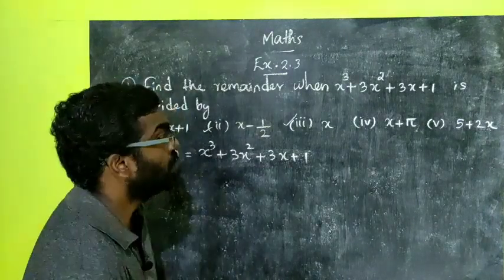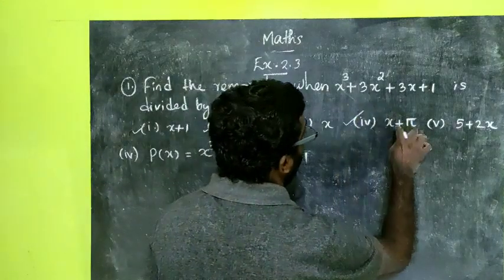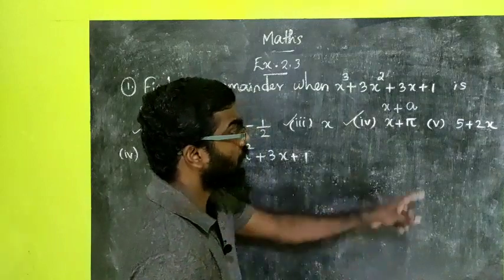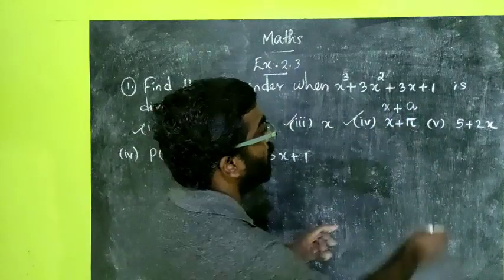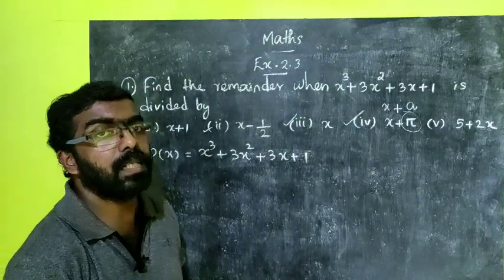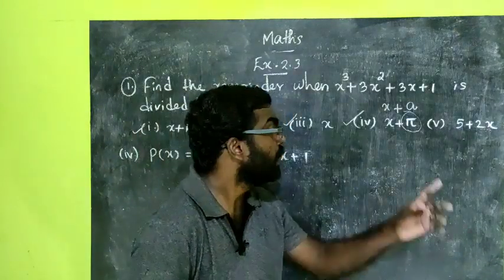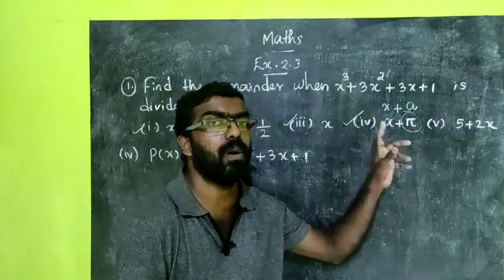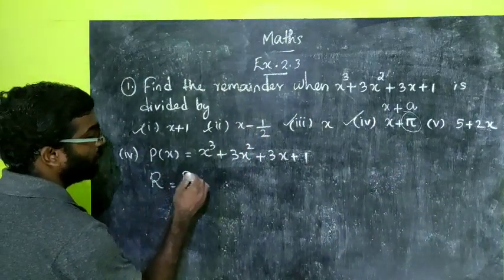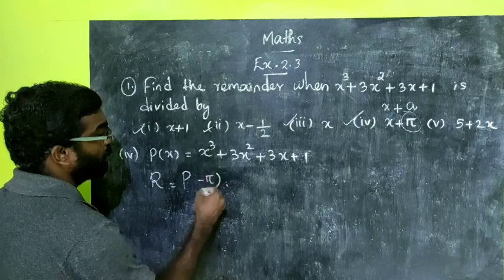Next we shall discuss the fourth one, x plus pi. So it's also in the form x plus a, and instead of a the value is what? Pi. Okay. If it is x plus a, the remainder is what? P of minus a. Here x plus pi, so p of minus pi. So the remainder is equal to p of minus pi.